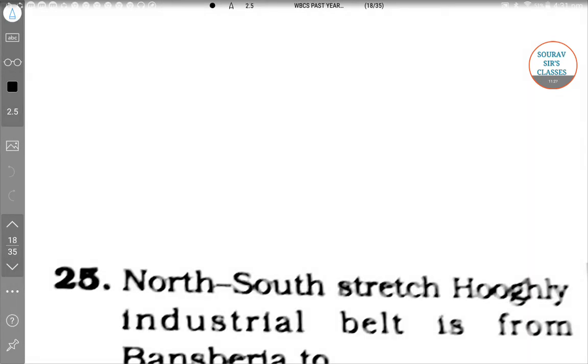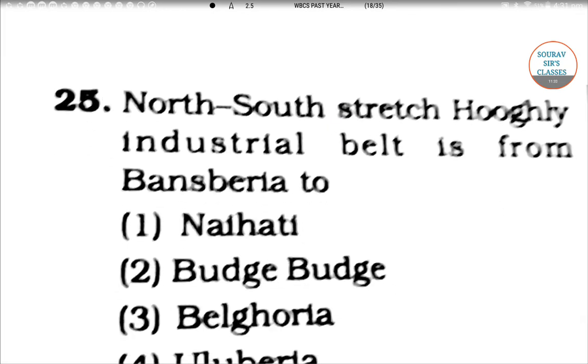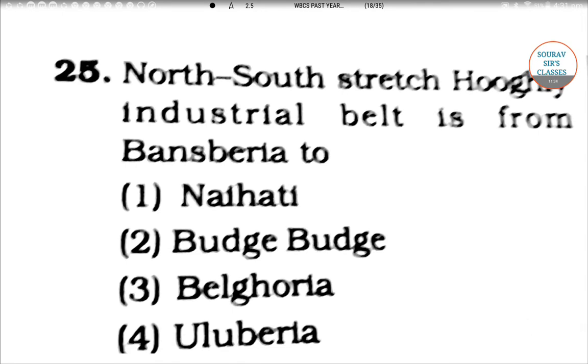The north-south stretch of the Hooghly industrial belt is from Bansberia to Naihati, Bajbaj, Belgaria or Ulubarta.